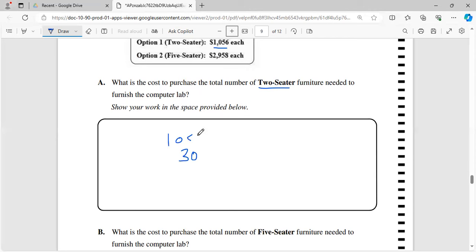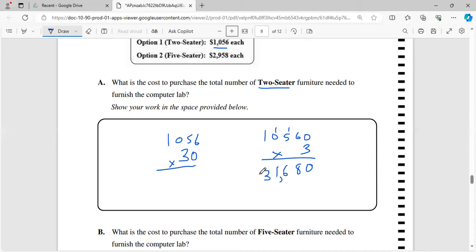Alright guys, I'm going to do it the easy way. What I'm going to do, I'm going to multiply this by 10. So if I multiply by 10, I just add a 0, and then multiply by 3. That will give me the total. 3 times 6 is 18, 3 times 5 is 15, and 1 is 16, 3 times 1 is 3, and 1 is 3 again.